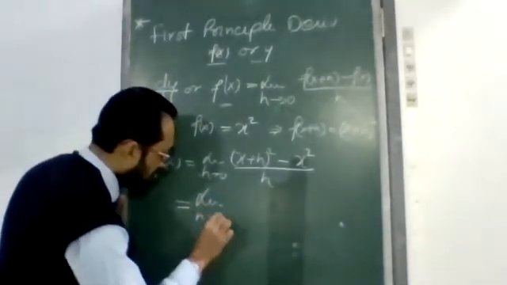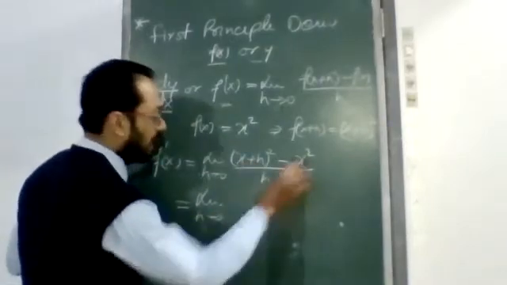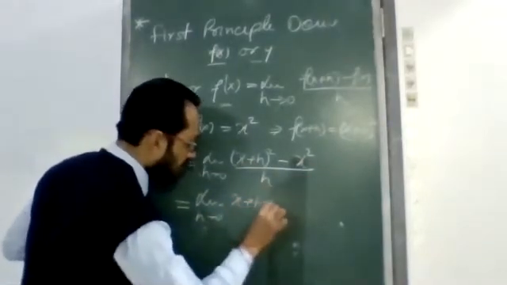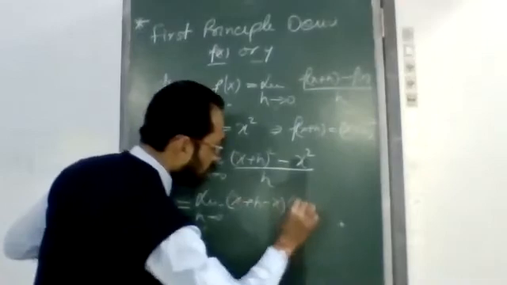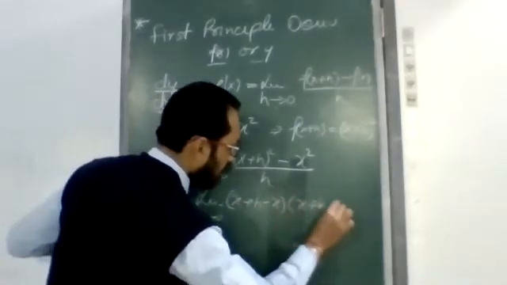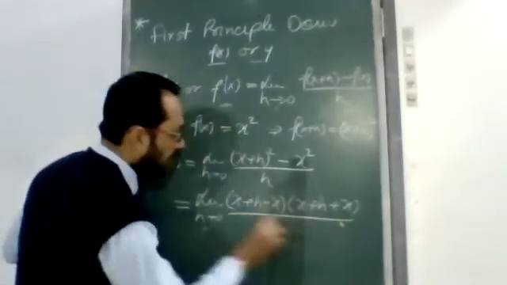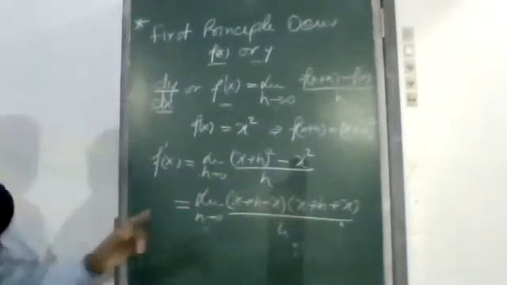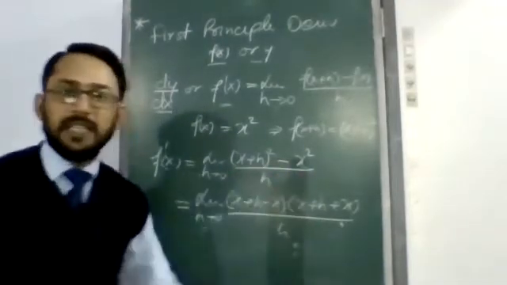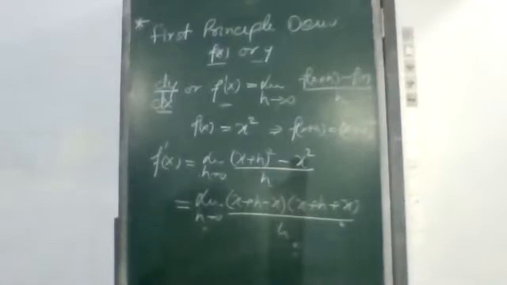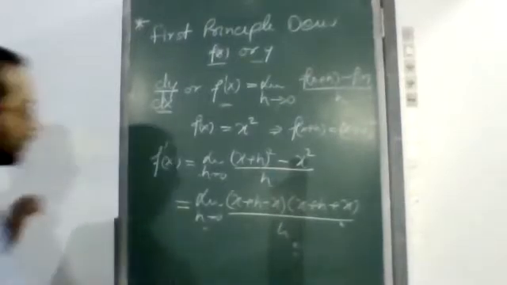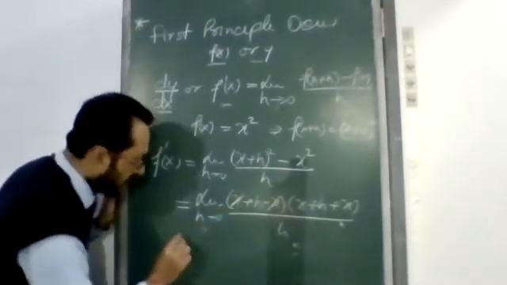Limit of h tends to 0, it will be a square minus b square, (x plus h minus x) into (x plus h plus x), whole upon h. What I have done? A square minus b square can be written as (a plus b)(a minus b). So over here x to x will get cancelled.